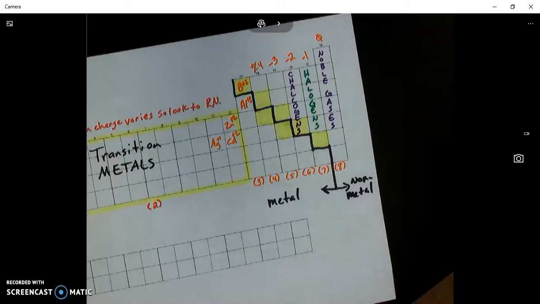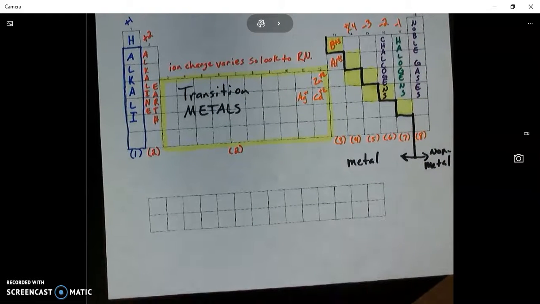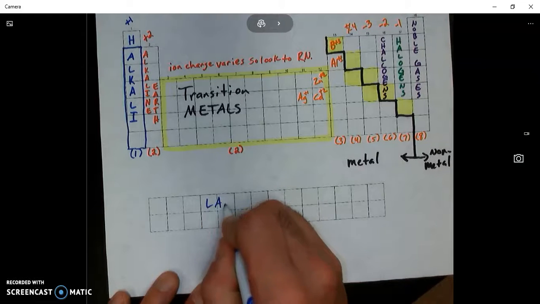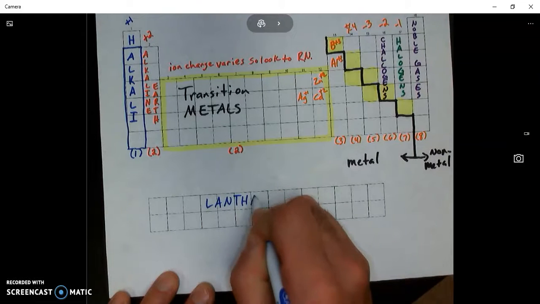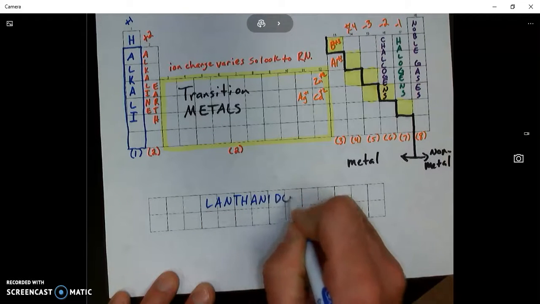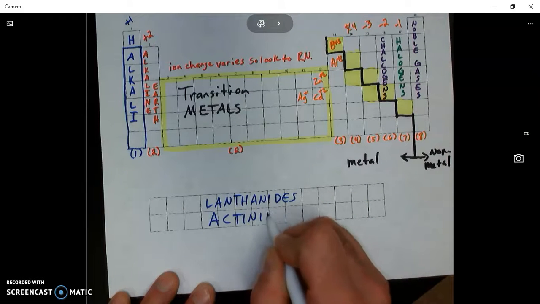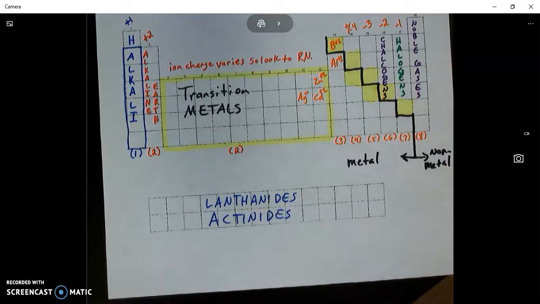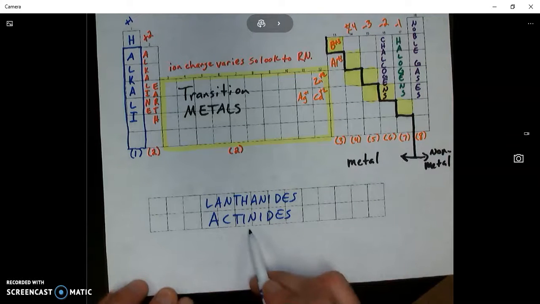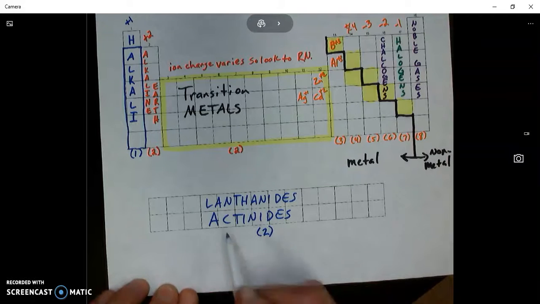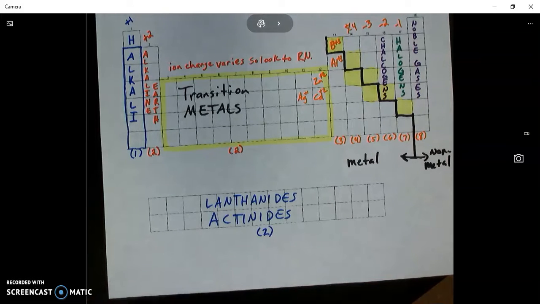The last piece that we need to address, which we already named last time, are our lanthanides and our actinides. Our lanthanides and our actinides. And this whole entire group as well, they all have 2 valence electrons, and their charges vary as well.